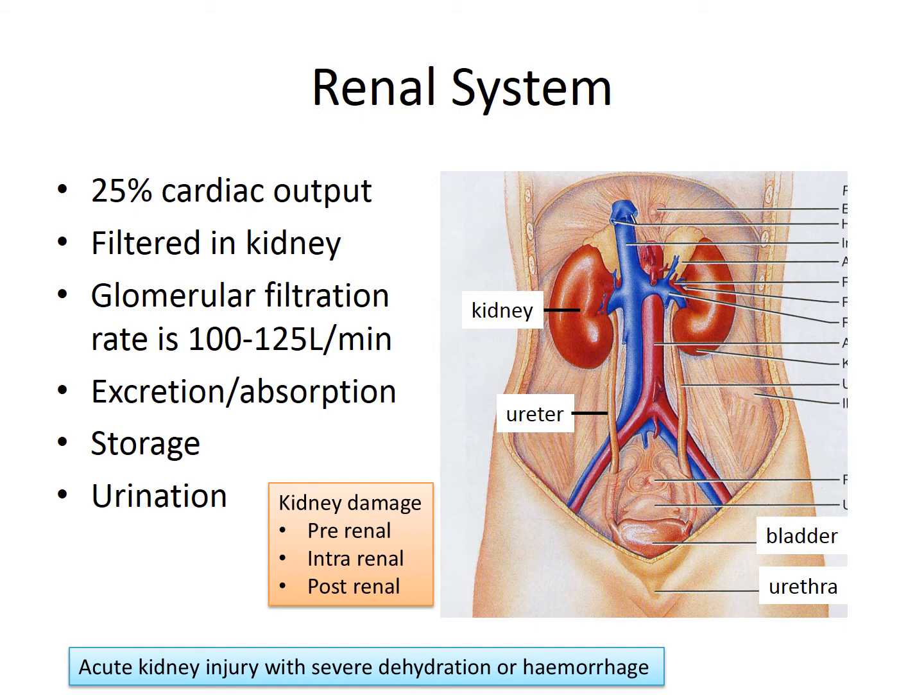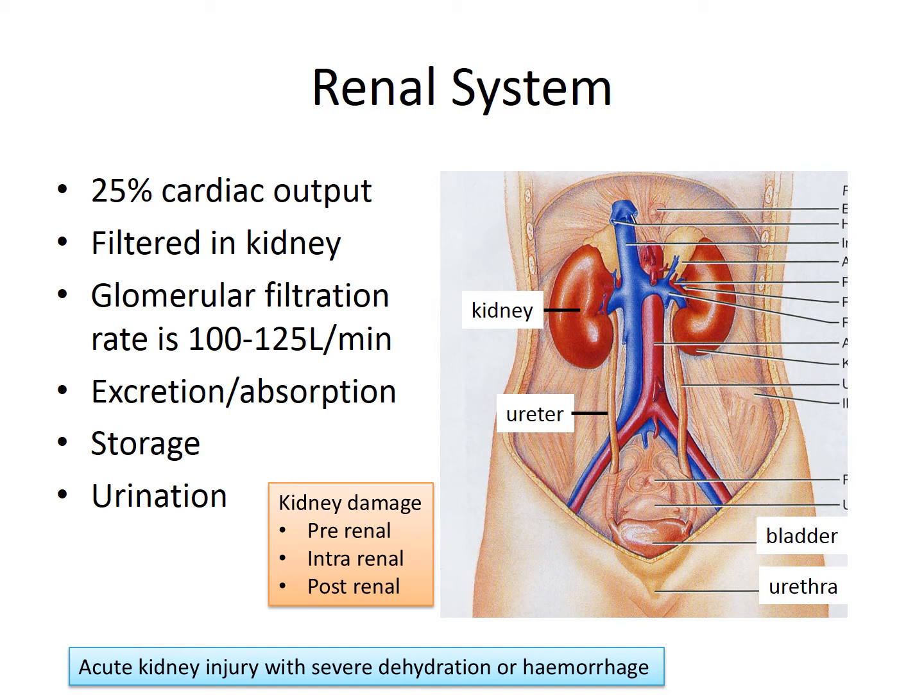And then if we start with the collecting ducts and the renal pelvis, the ureter, down to the bladder and the urethra, damage to those structures can also affect the kidney, primarily because they impede the flow of urine out of the kidney, and so it then backs up into the kidney and can cause swelling and edema, cysts and so on, conditions like hydronephrosis.